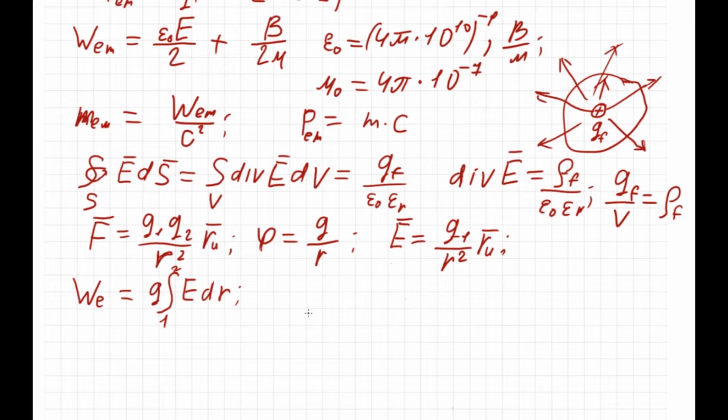And next we have potential in first point minus potential in second point equals integral from first to second point of electric field by differential of the distance between first and second point.